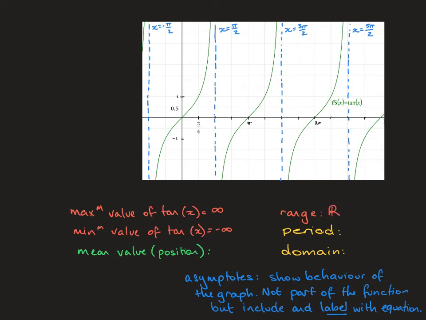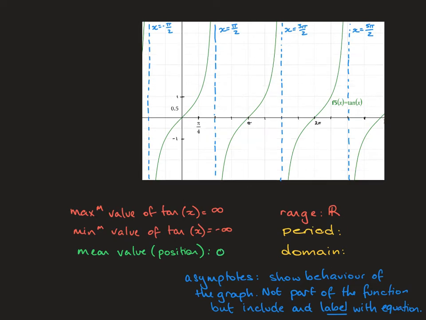The same as with our sine and cos functions, the average value, the mean value of the tan function is this point here in the middle. If you added up all the values below the x-axis and added up all the values above the x-axis, they'd cancel each other out. So the mean position of this graph, the average value of that function, is 0.